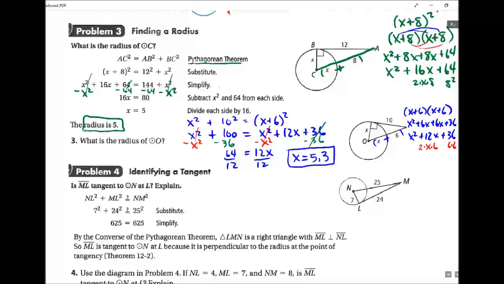If you remember the pattern, okay, and I subtract x squared from both sides, yay, they cancel, subtract 36, and I get 12x equals 64, do the division, and our radius is 5.3 units long. If you are careful with those, you will do just fine.